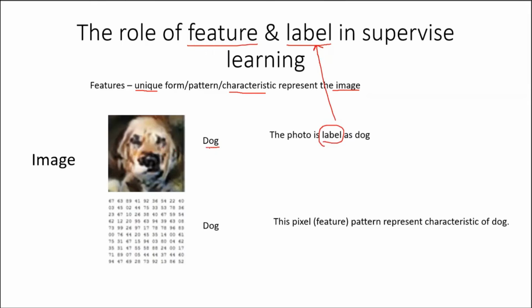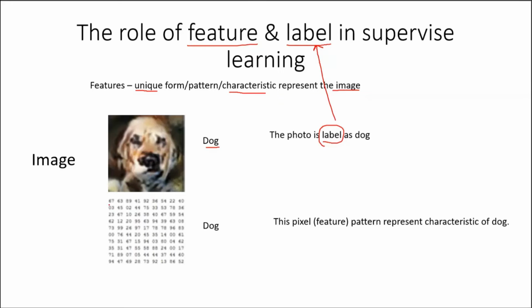You can also call it a tag for the picture as a dog. But here we use the name label for standardization. In supervised learning we use label, so people in machine learning know what this label is all about. So you label this picture as a dog.